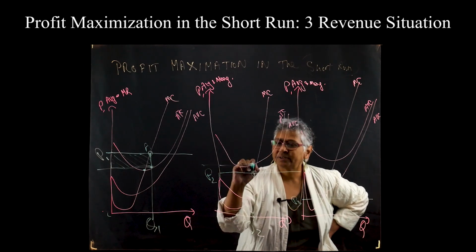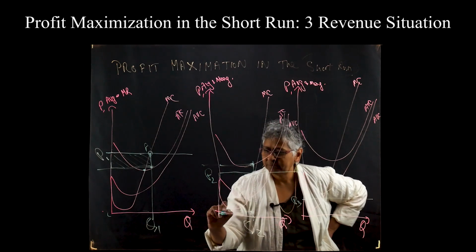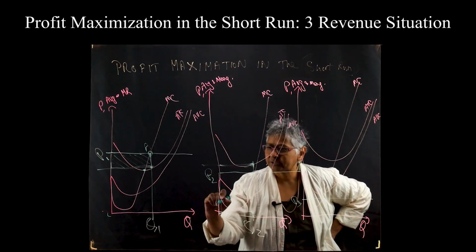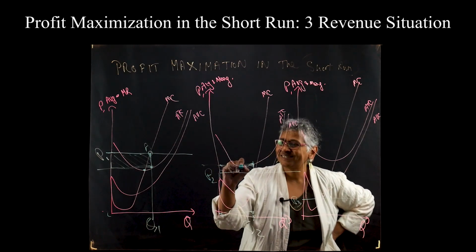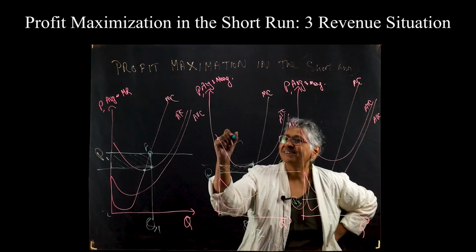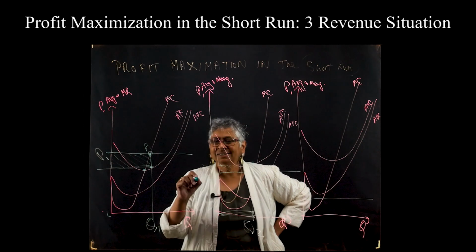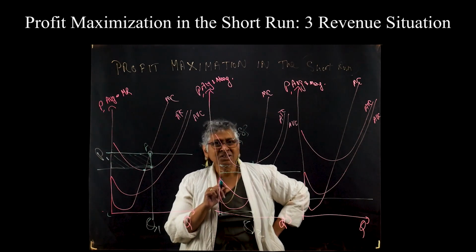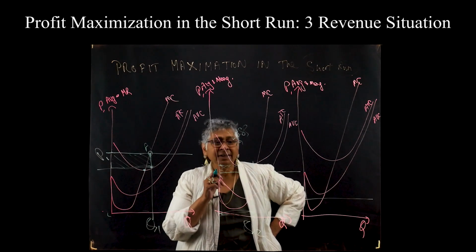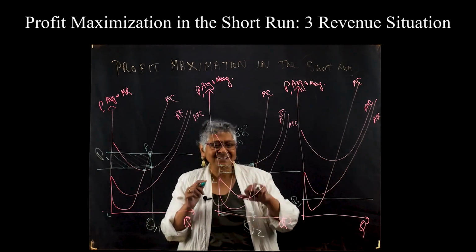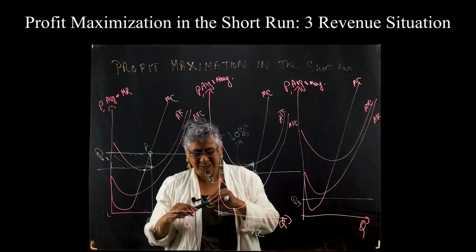This bigger box is my cost. So my revenue is here and my cost is here. So in this case, the difference is a loss. When costs exceed revenues, that means you're making a loss. So should you produce? In this case, the answer is yes, because average variable cost is down here.